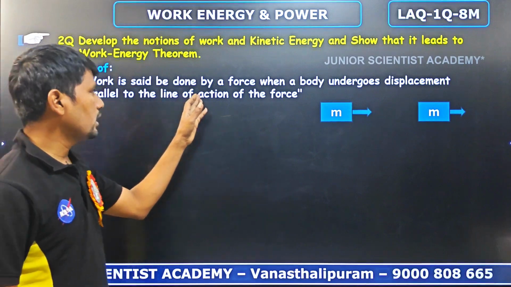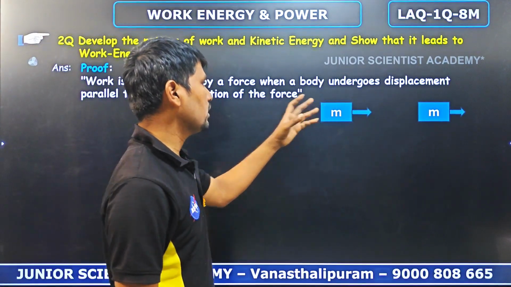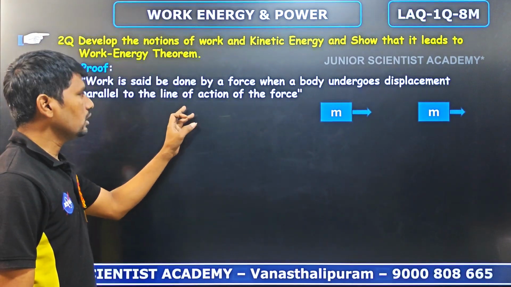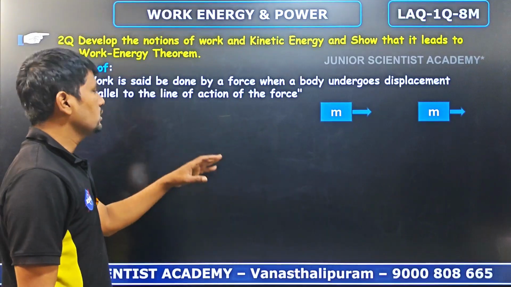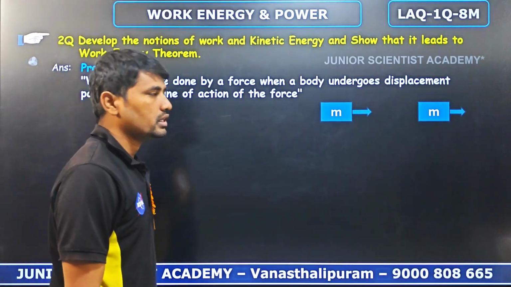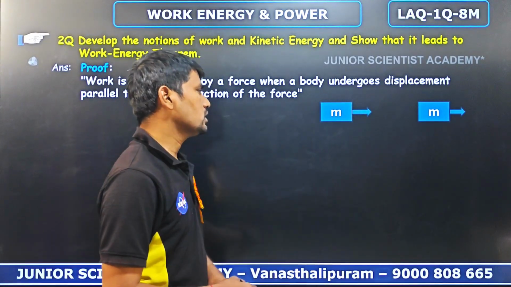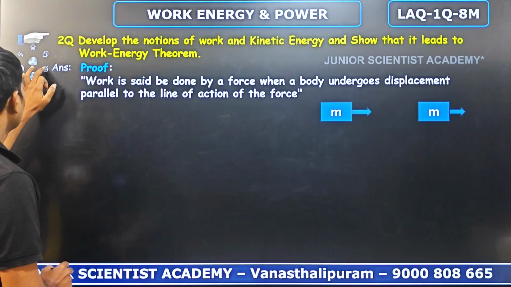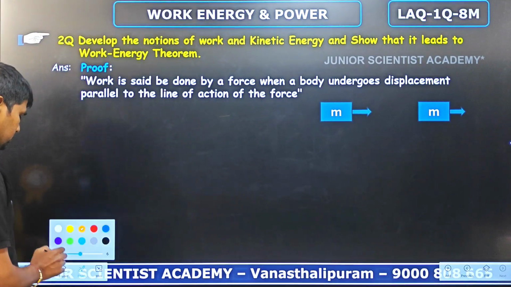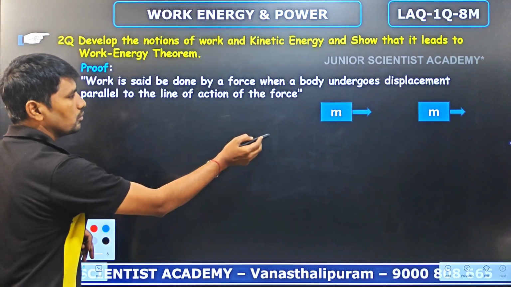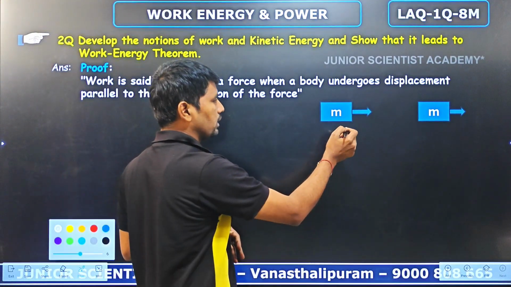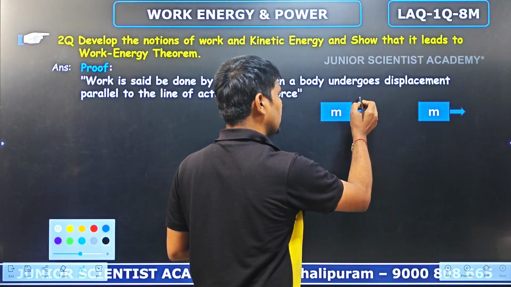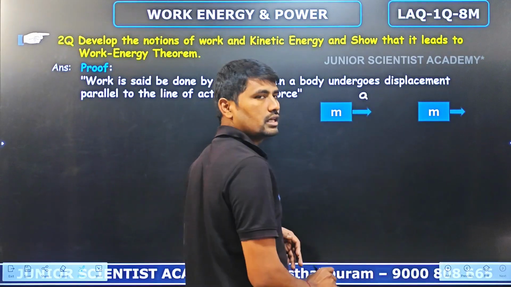Work is said to be done by a force when a body undergoes displacement parallel to the line of action of the force. This is the work definition. Then how to do this problem? Very simple. Proof. Here a body of mass m, we are applying force F and it is accelerating with acceleration a.